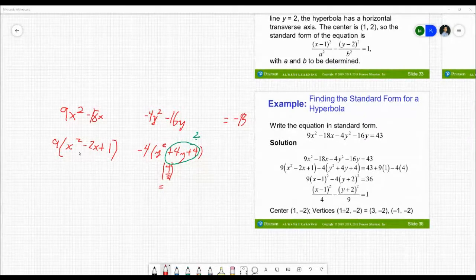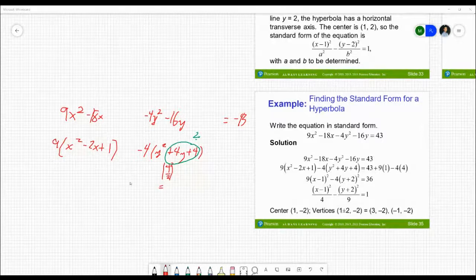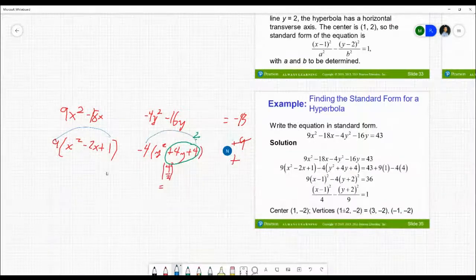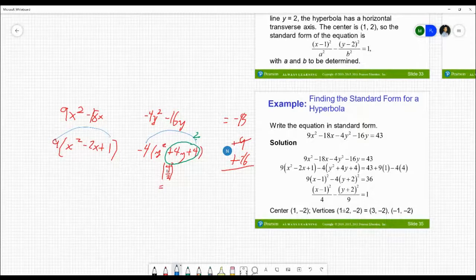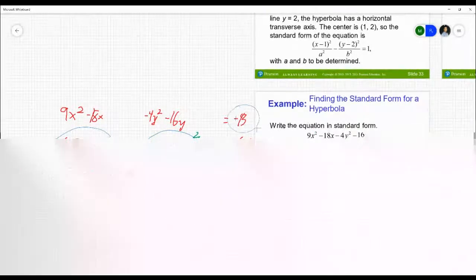Now, before you do those steps, don't forget that you need to add to the other side as well. So it's supposed to be plus 9, and then this is going to be plus -16. Whatever number that would be. And you have a positive 43 here. It's already on the other side.